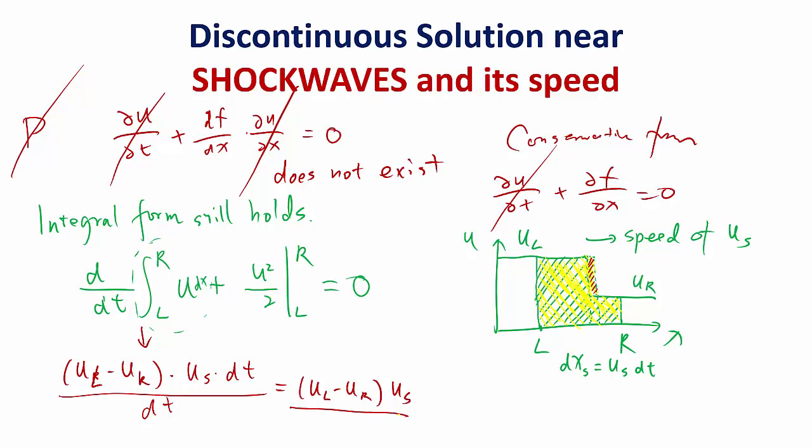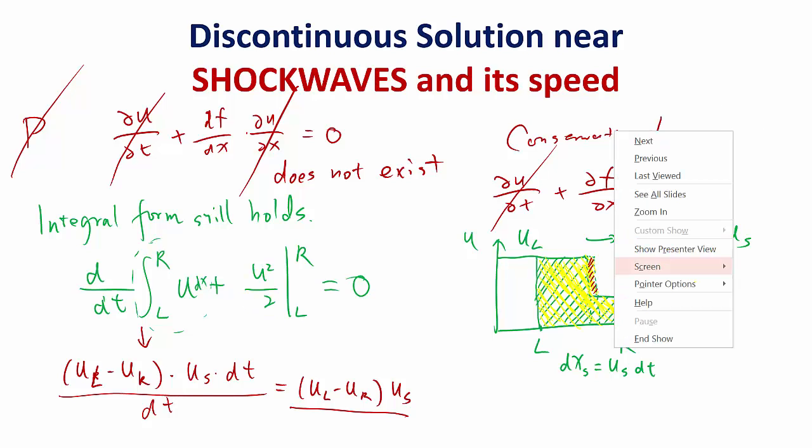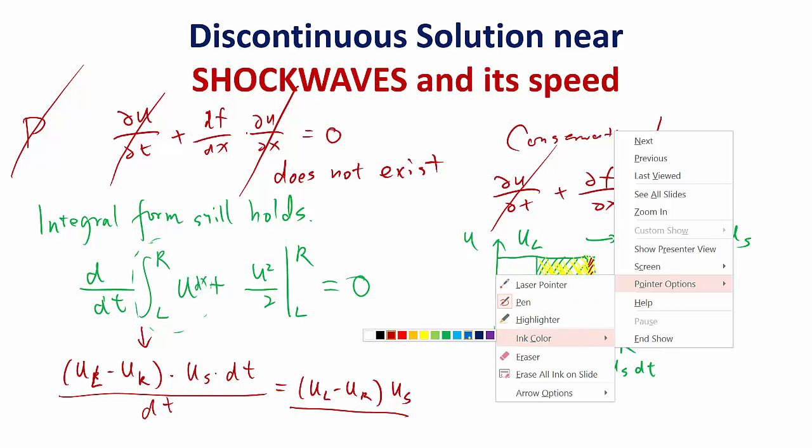Why is this useful? It is going to help us figure out the speed of the shockwave, us. The speed of the shockwave can be figured out by taking a tiny control volume around the shockwave, so that the left part of the control volume is UL and the right part is UR. So this is the first part of the integral form, and the second part is, can somebody figure that out?